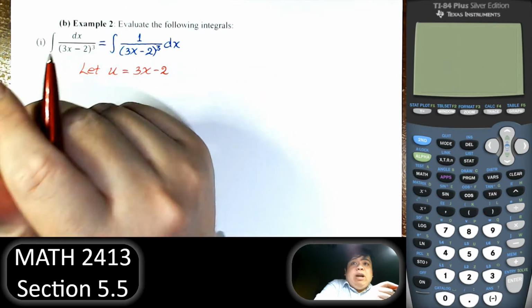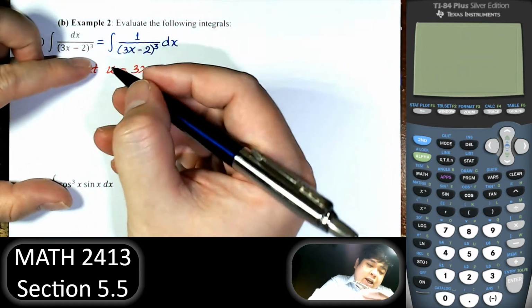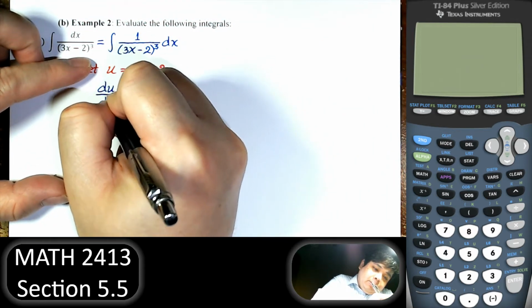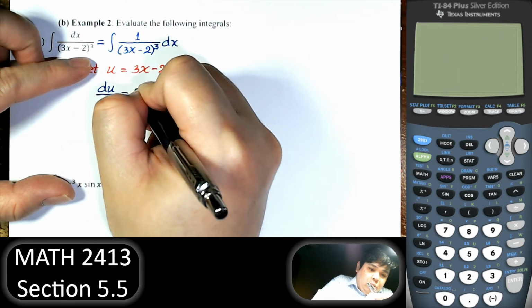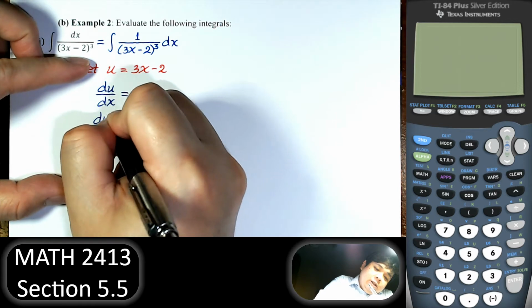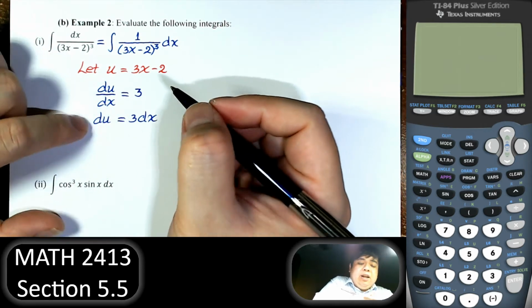And if it works out, and it should, when we have the integral, everything will be in terms of u. So if that is the case, we'll take the derivative and solve for dx. The derivative is 3. Multiply dx on both sides, and then divide by 3.